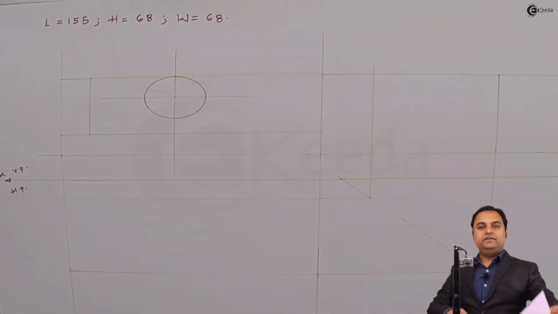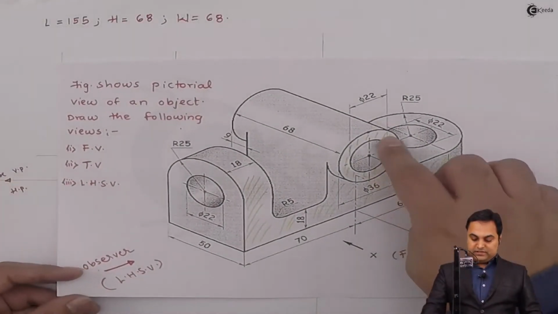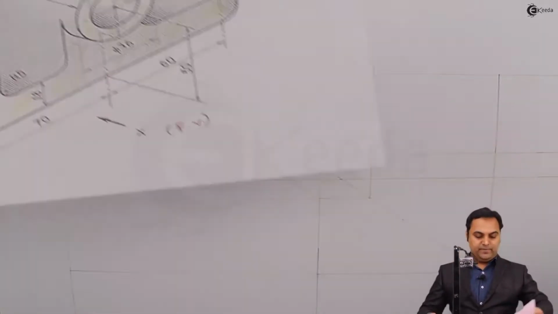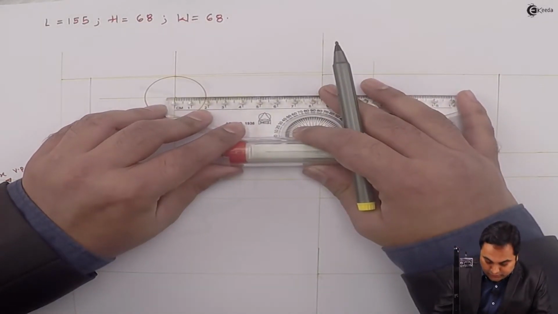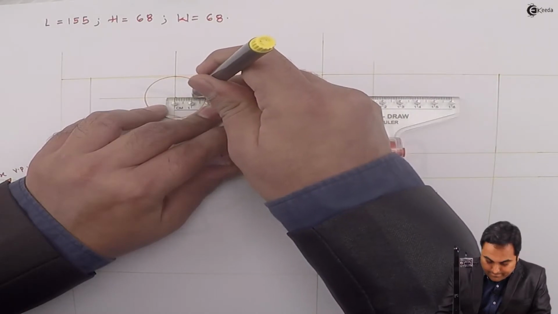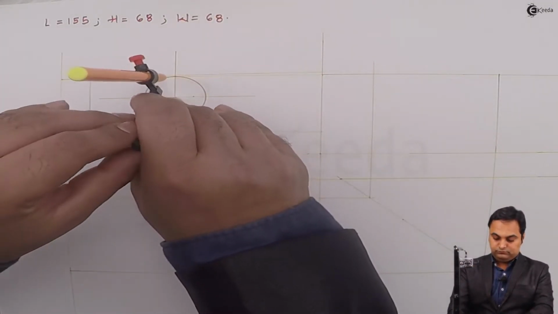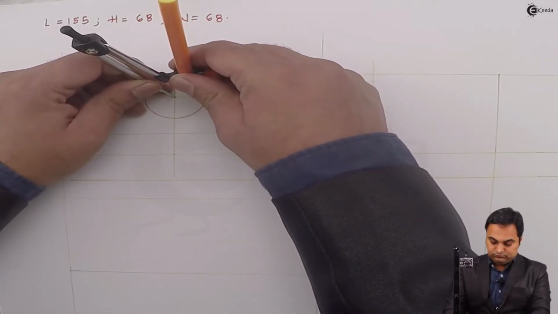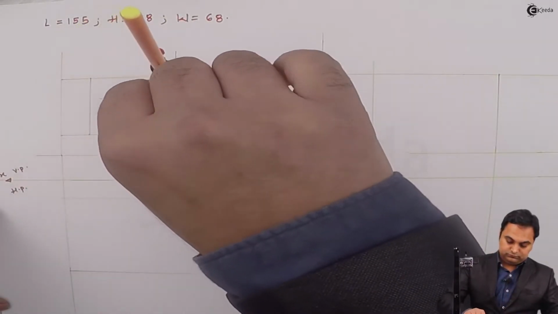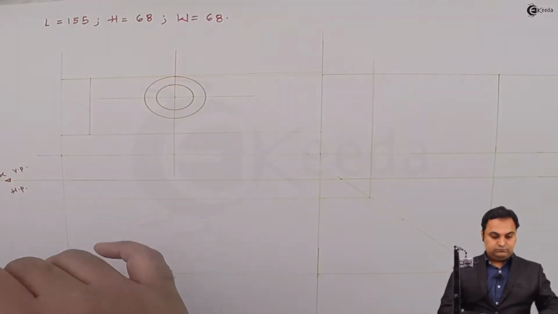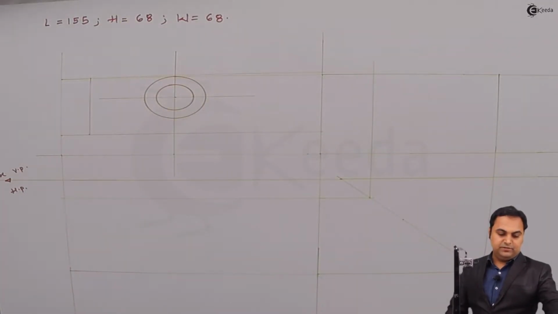Next, inside this circle there is another circle having diameter 22 mm, so I am taking the radius equal to 11 mm. So these two circles are visible.